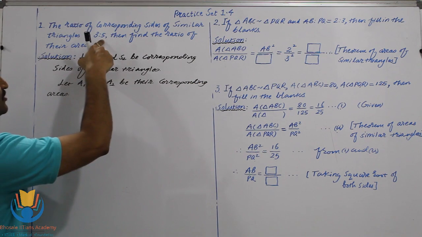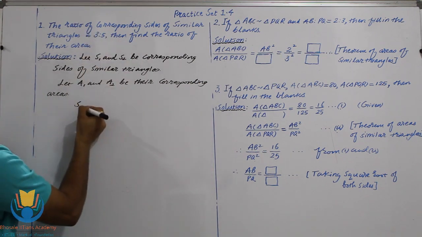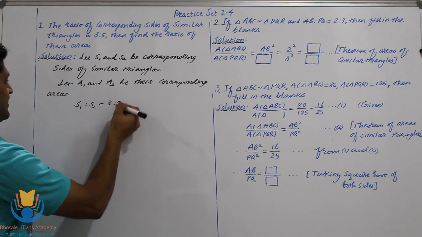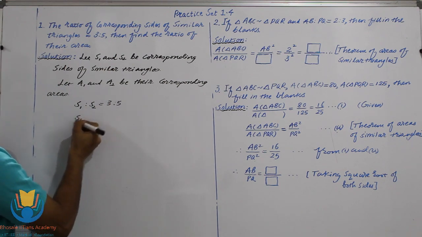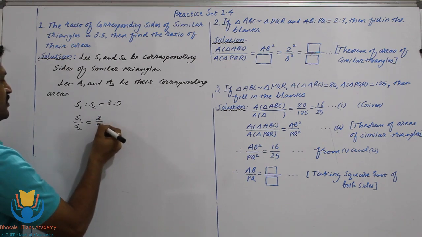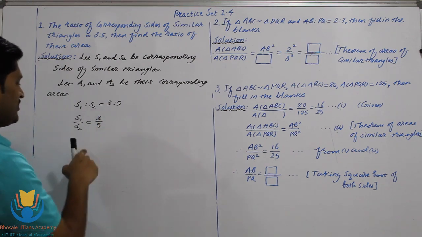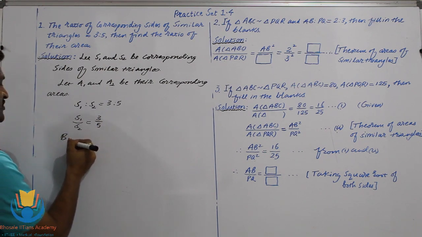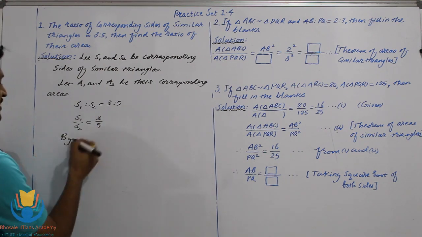So this 3:5 is nothing but S1 is to S2. So the same can be written as S1 upon S2 is equal to this 3 upon 5. So this value we will put in this expression whatever we are going to get. So here we will use theorem of areas of similar triangles.